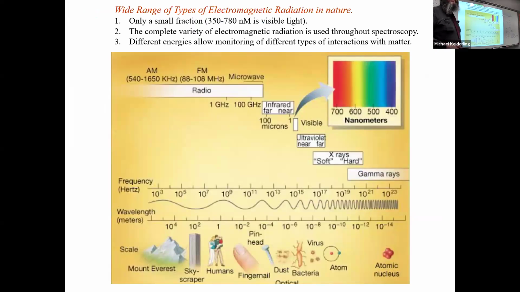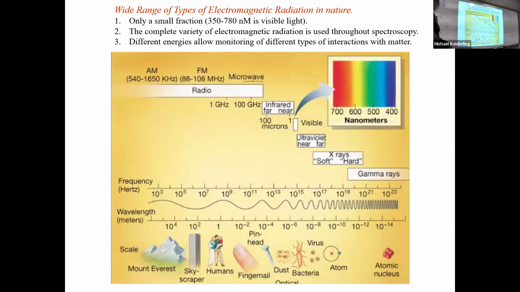There's a whole range of radio waves. Microwaves are usually considered a subset of radio waves. Then there's infrared, visible, ultraviolet, X-rays, and gamma rays. And we can only see a small, tiny fraction from 350 to 780 nanometers. It's a pretty small segment of this whole spectrum.